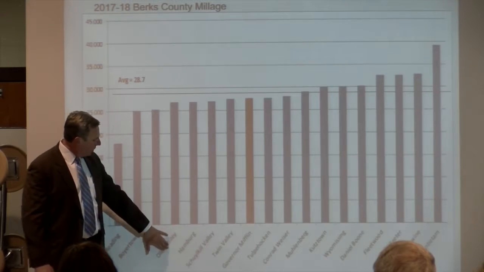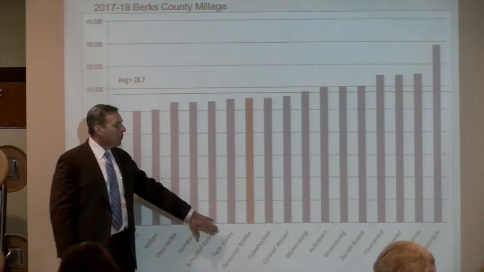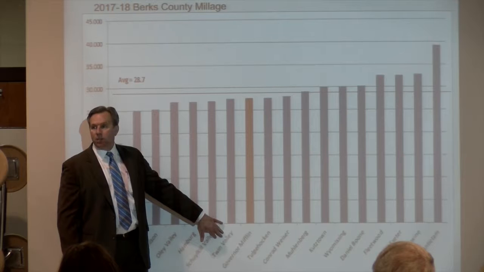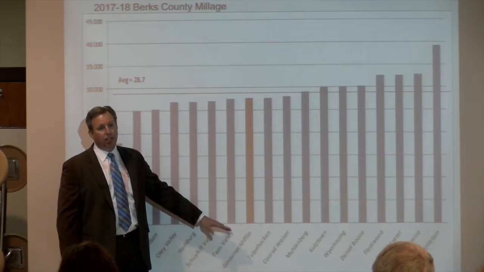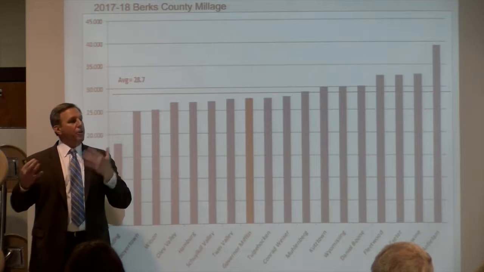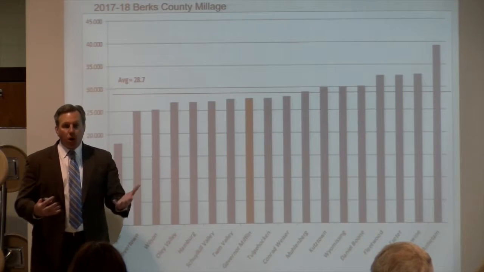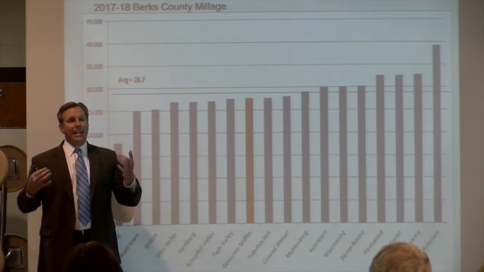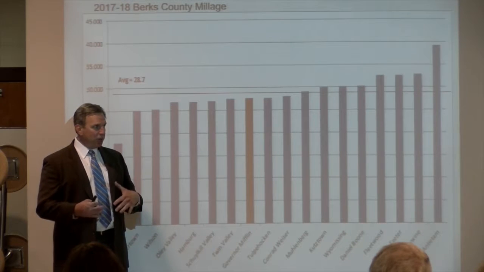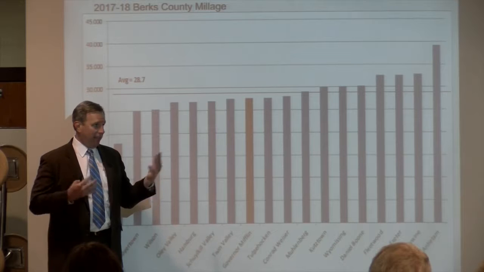Then Wilson, Oley Valley, Hamburg, Schuylkill Valley. Twin Valley is similar to Boyertown: half the district is in Berks, the other half is in Chester County. So they are influenced by a Chester County property value economic market that is different than Berks County. I think Chester County is the most affluent county in the state of Pennsylvania.